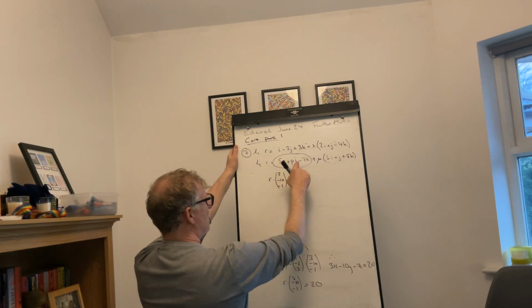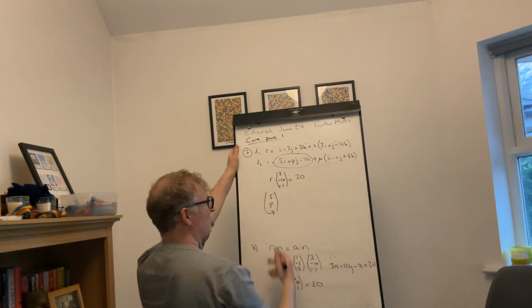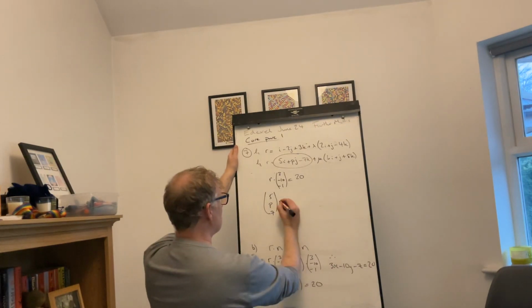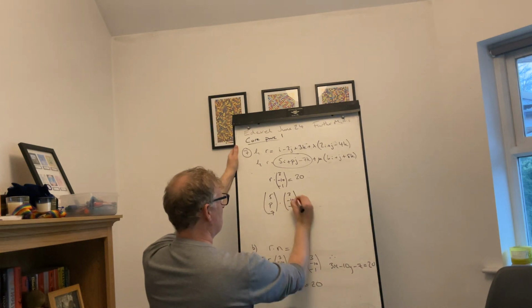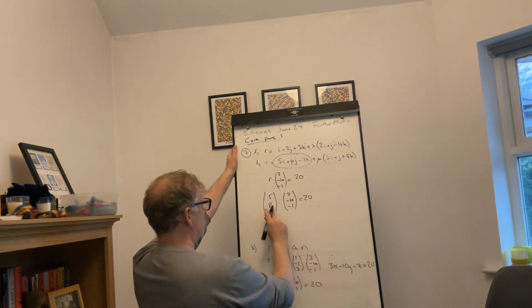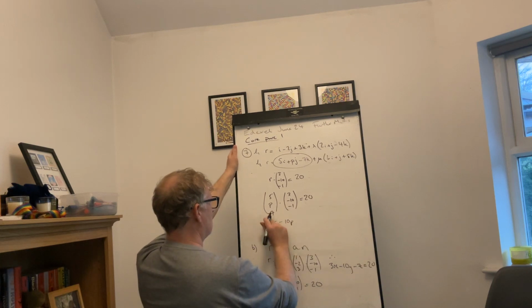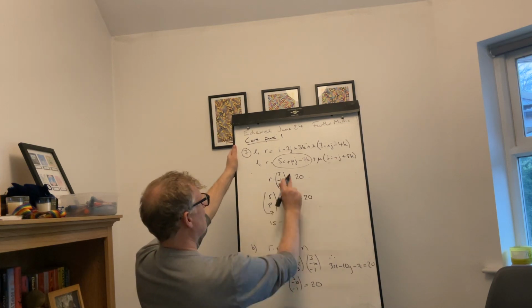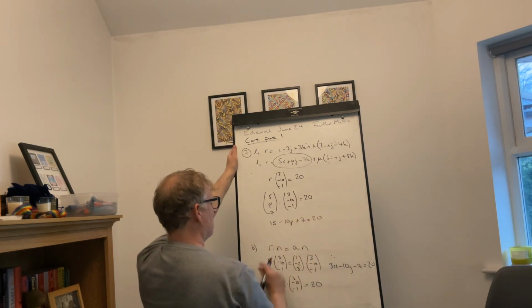So put 5p and minus 7 in there for our r, because r just stands for any point on the plane, dotted with 3 minus 10 minus 1 equals 20. So let's do that. 15 minus 10p, is that minus 7? Yeah, plus 7 equals 20.